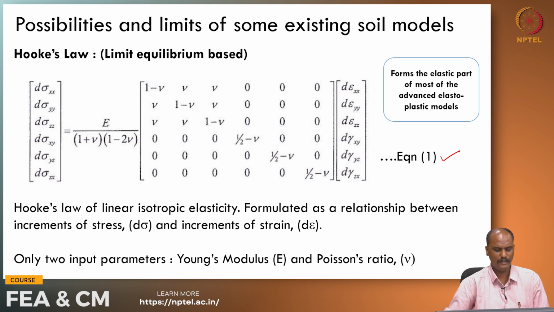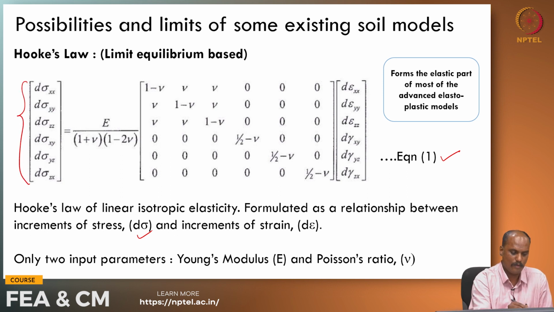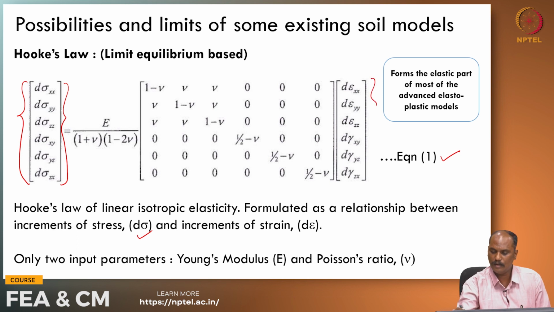Here we can see that Hooke's law of linear isotropic elasticity has been formulated as a linear relationship between the increment of stress d sigma and the increments of strain d epsilon along 3 directions x, y and z, and we have only 2 input parameters, namely the Young's modulus E and the Poisson's ratio nu.